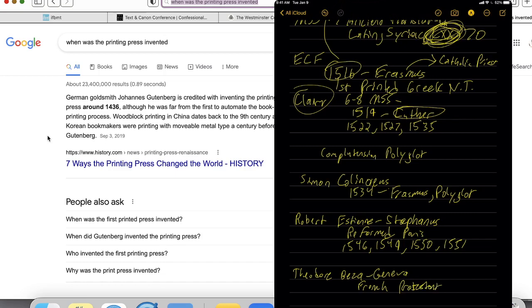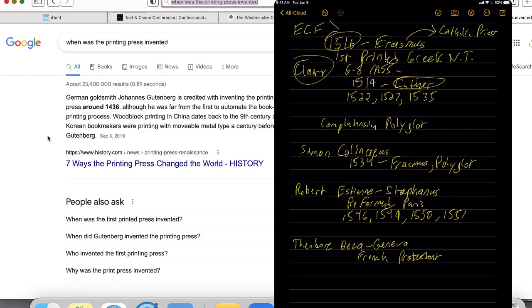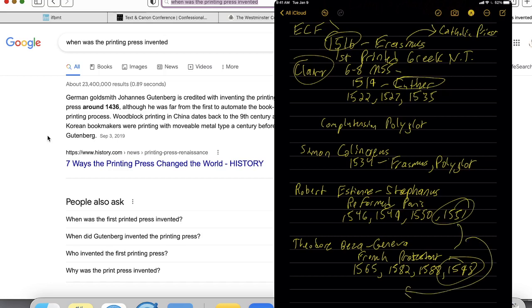And Theodore Beza published editions of the Greek New Testament, I believe building on the Stephanus text, Robert Stephanus's text, in 1565, 1582, 1588, 1598, and the edition of Beza in 1589 and the last edition of Stephanus. These are the editions that mainly were used by the King James Version translators. Okay?